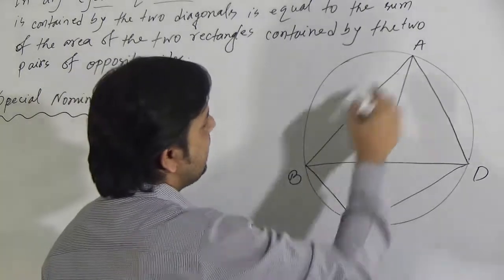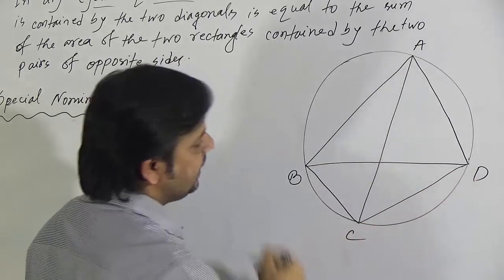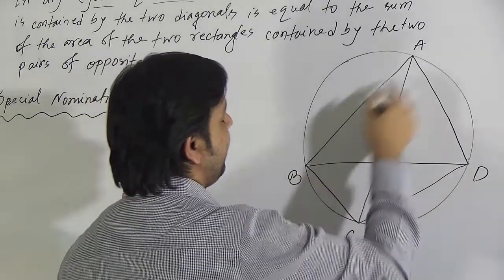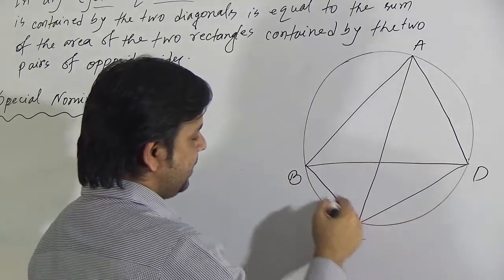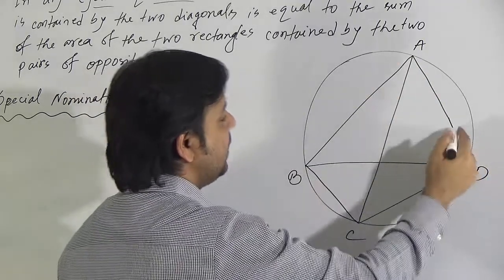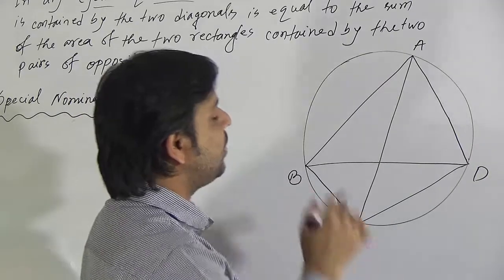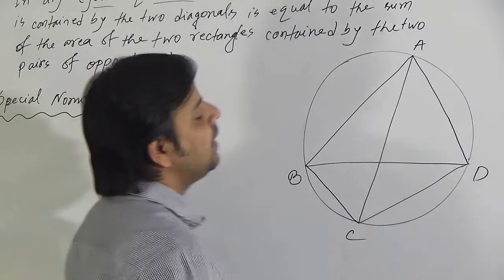Here AB is a side and its opposite side is CD. So the rectangle contained by AB and CD, and the rectangle contained by the other opposite pair BC and AD, their sum will be equal to the rectangle contained by the two diagonals AC and BD.